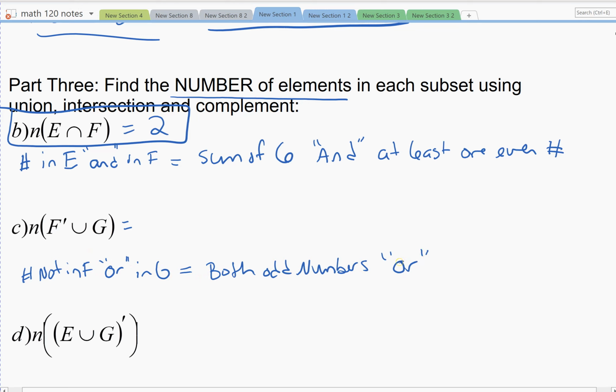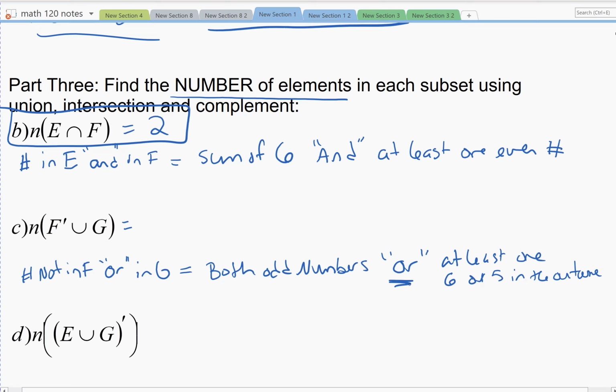Or it can come from set G, which has at least one 6 or 5 in the outcome. Alright, so both numbers are odd, or I get at least one 5 or 6 in my outcome.